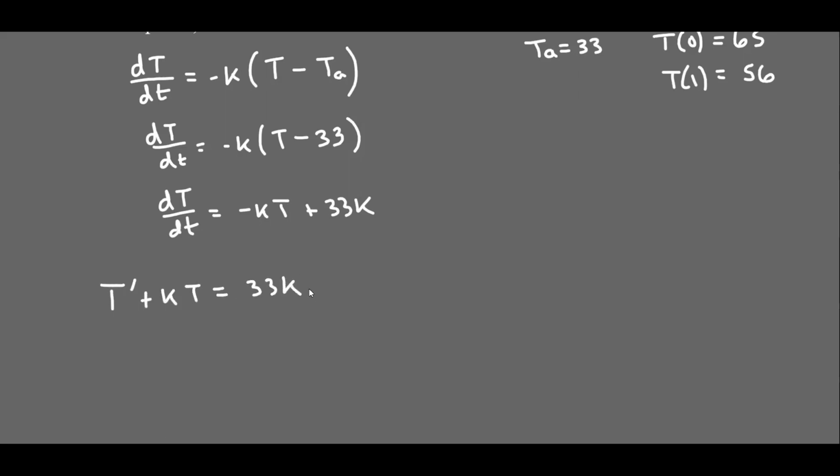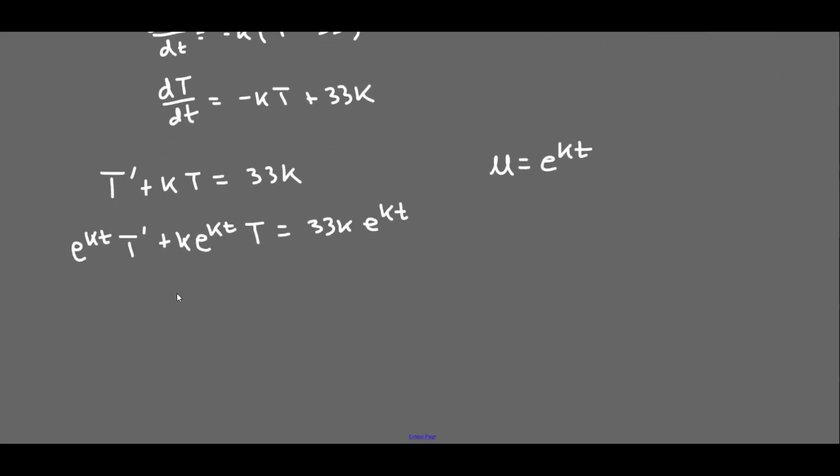K is a constant, so that's a classic linear equation. We can use integrating factor e to the KT. Multiply that on both sides. This is little t here, and then big T. And that's going to be equal to 33K e to the KT.